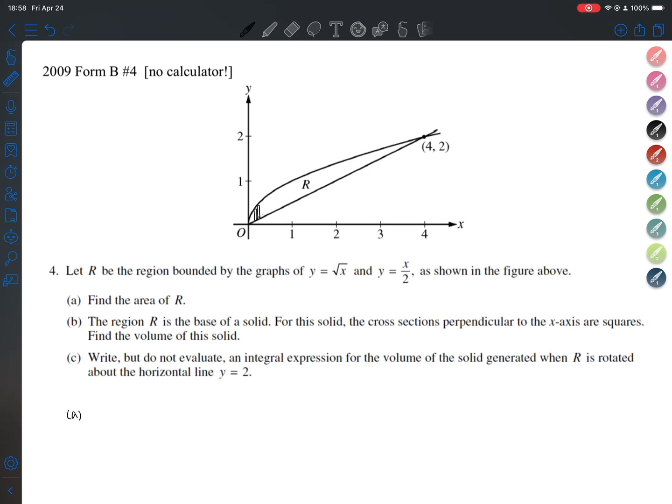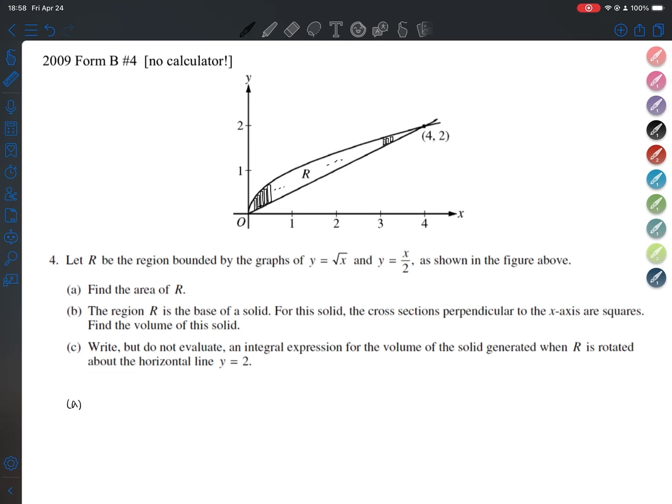So this is a small rectangle, and we draw a second one, and we draw an infinite number of rectangles. So this is the logic of integral. So for this question, we need integral to solve it. So R is the integral from the lower bound to the upper bound, and we can see on the graph the lower bound is (0, 0), and the upper bound is told by the question, which is (4, 2).